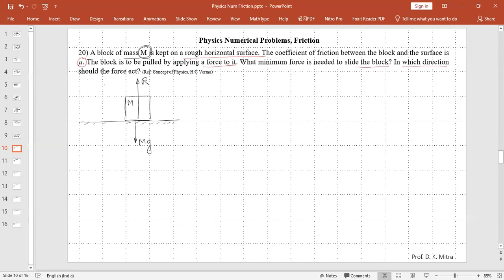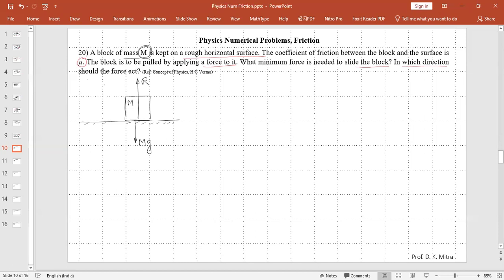Now, this reaction R, normally we take equal to Mg, but here it is not so because there is an additional force which pulls the body. And also it talks about an angle.